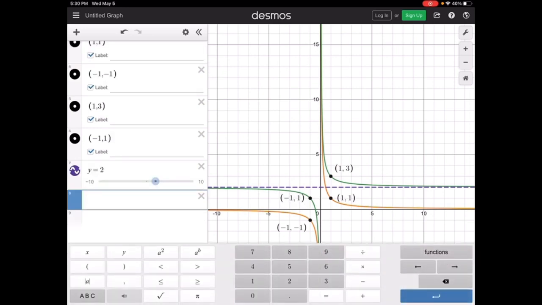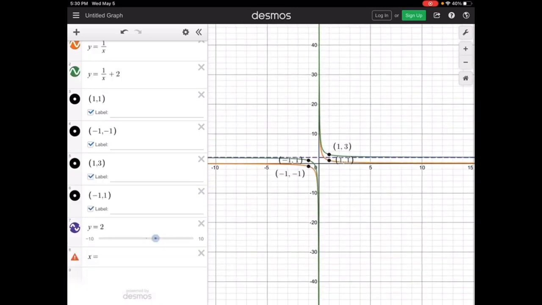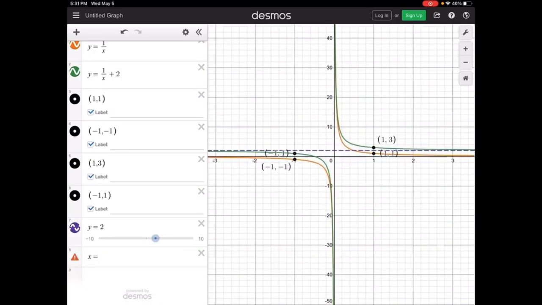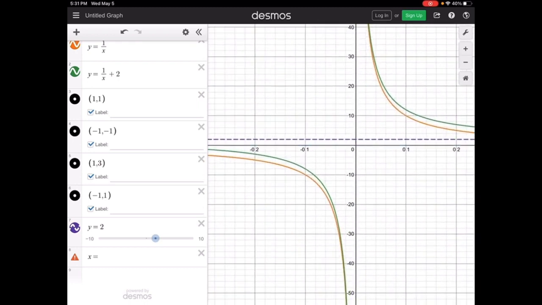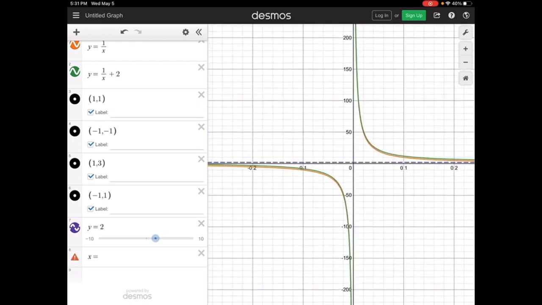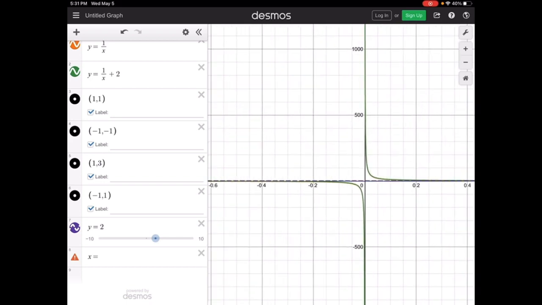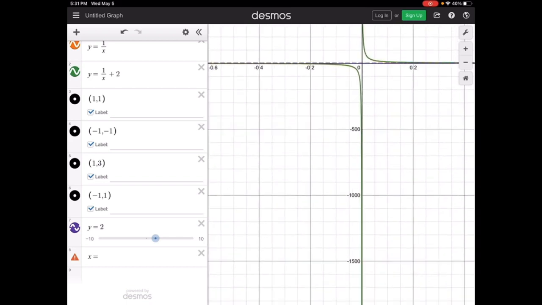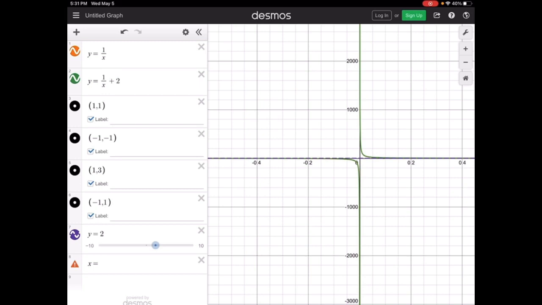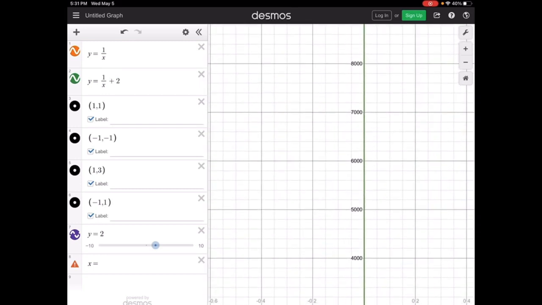Now I need to find my vertical asymptote. So x is equal to, let's look at my x values. So if we look here, as we get closer and closer and closer to x equals 0, y is going towards both negative infinity and positive infinity.